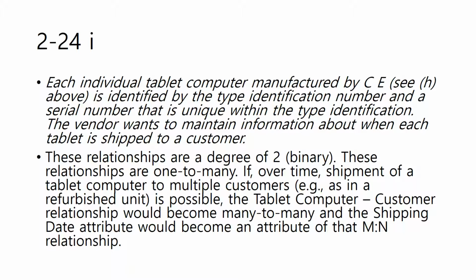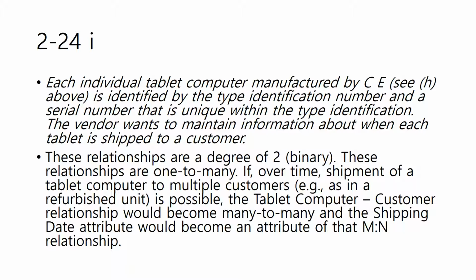Problem I. Each individual tablet computer manufactured by Chiclet Electronics is identified by the type identification number and the serial number that is unique within the type identification. The vendor wants to maintain information about when each tablet is shipped to a customer. These relationships are a degree of binary.